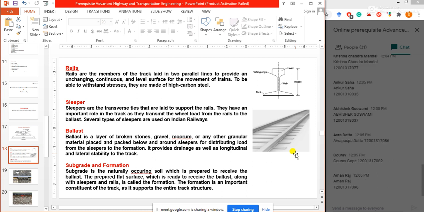Before subgrade and formation, what is ballast? Ballast is a layer of broken stones, gravel, muram, or any other granular material placed and packed below and around sleepers for distributing load from the sleepers to the formation. It provides drainage as well as longitudinal and lateral stability to the track.